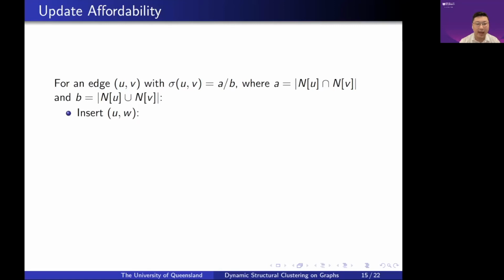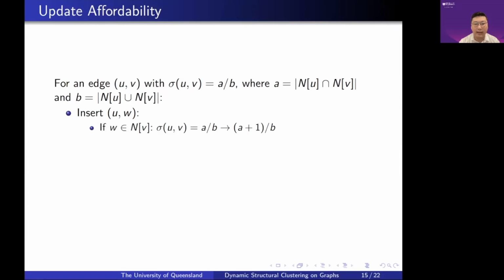If we insert an edge UW, there are two cases. The first one is if W is already in the neighborhood of V, then the size of the union of these two neighborhoods won't change, and the size of the intersection is increased by 1.